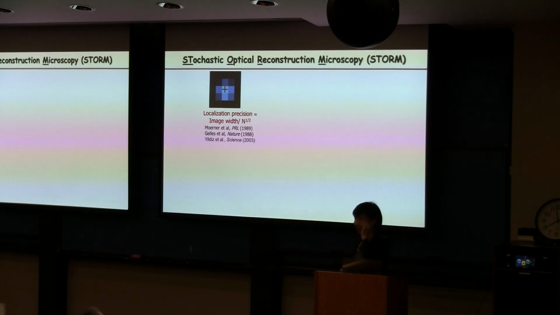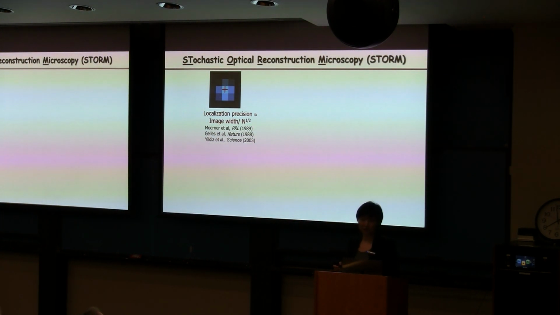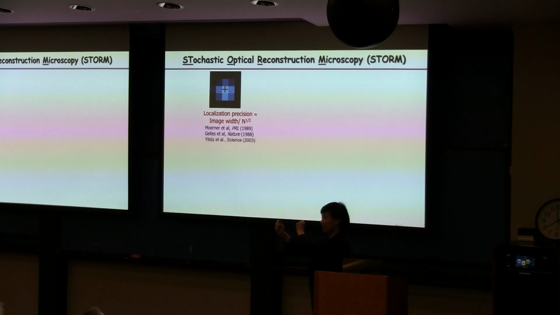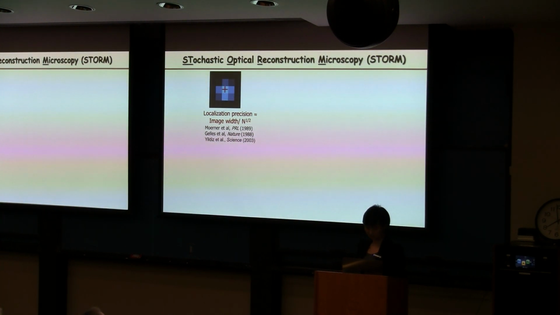For example, Paul Selvin, in this paper, demonstrated that you could see this hand-over-hand movement. He did localization with 1 nanometer precision, and you can see this hand-over-hand movement of an amazing motor protein called myosin.